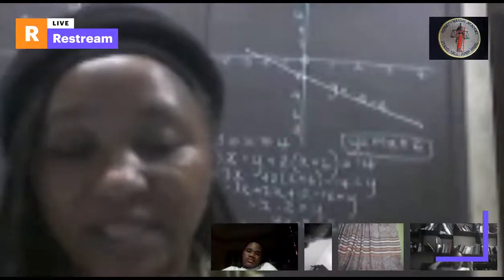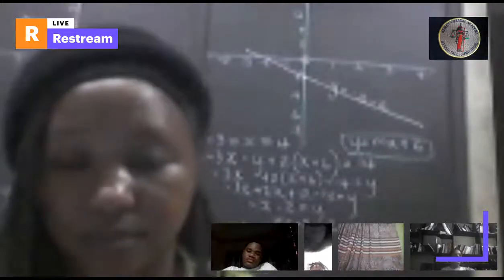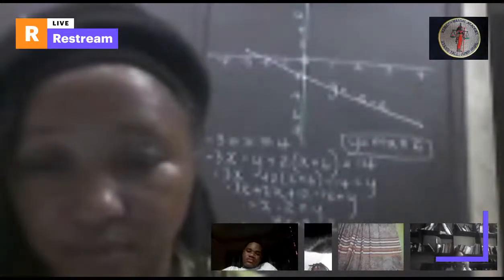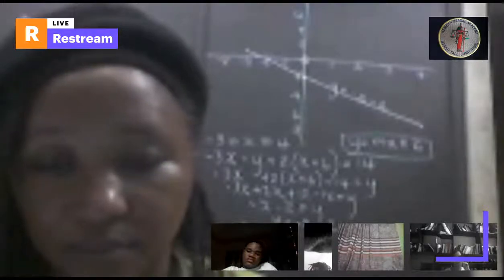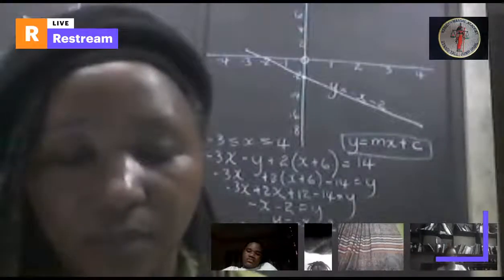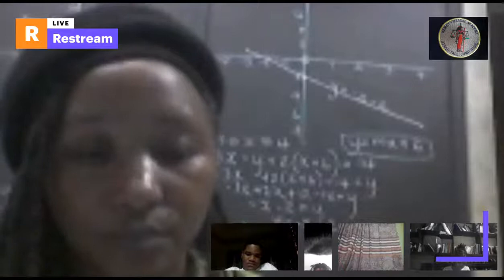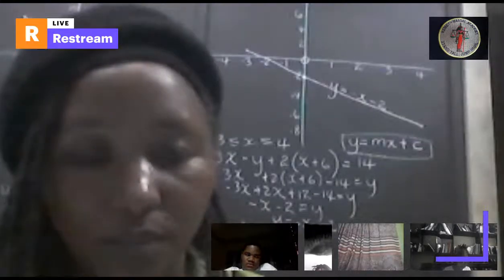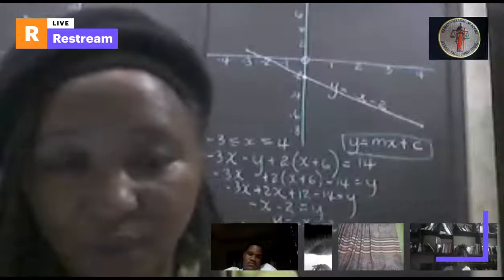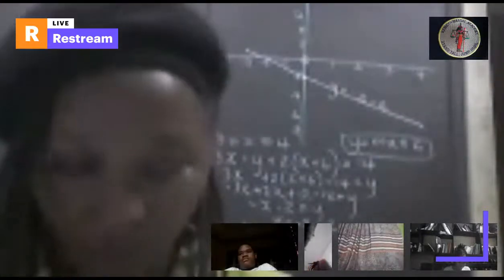What else can we tell about the line just looking at the equation? Miss, like Dreshan said, how it's oriented. Okay. So what does it tell us about how it's oriented? Miss, if it's negative, it would be oriented to the left. If the x coefficient, the number in front of x, is negative, then the line is oriented in what way?